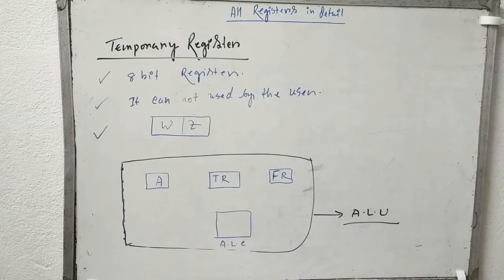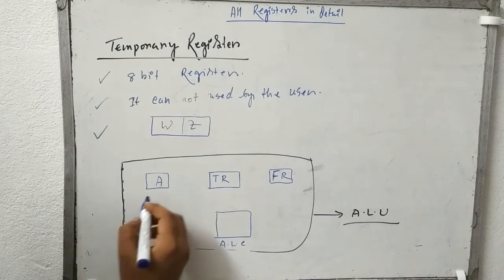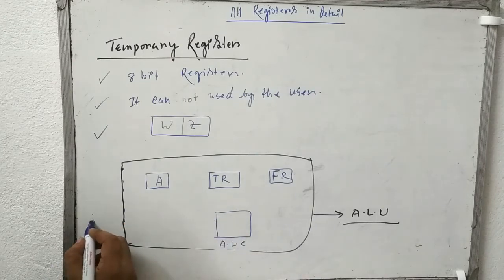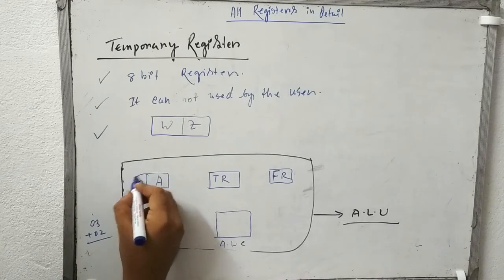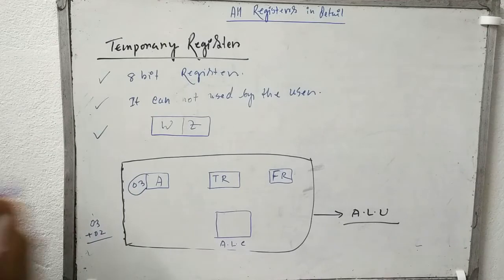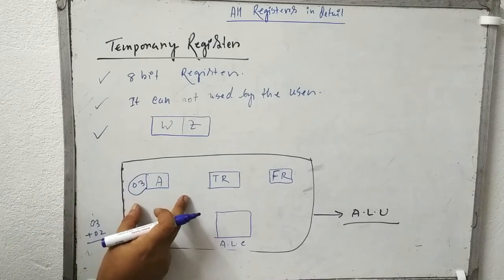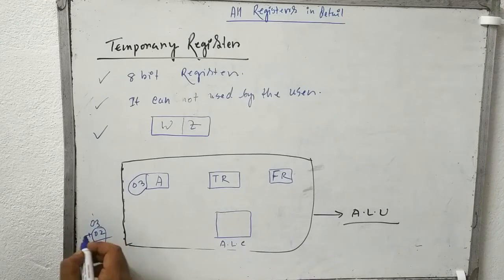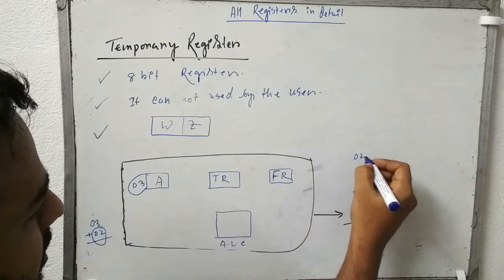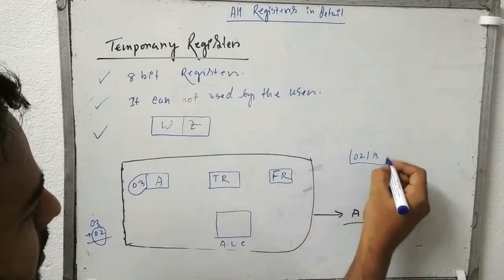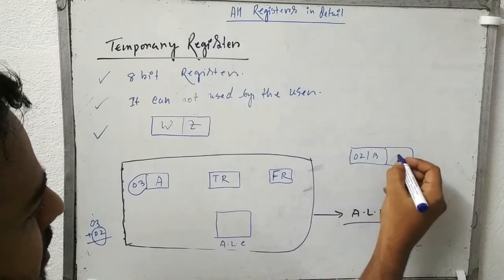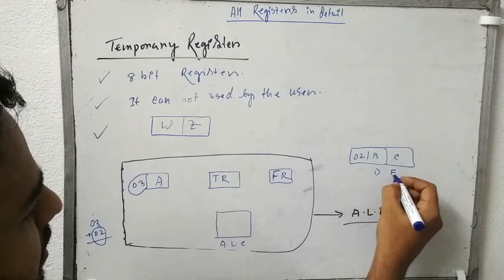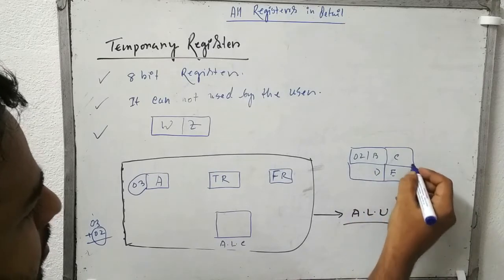Okay, so here you can see, suppose you need to add some data, 03 plus 02. We are assuming 03 has already been stored in register A, the accumulator, and 02 is already stored in register B. Here B, C, D, E, H, L, six registers are there, general purpose registers.